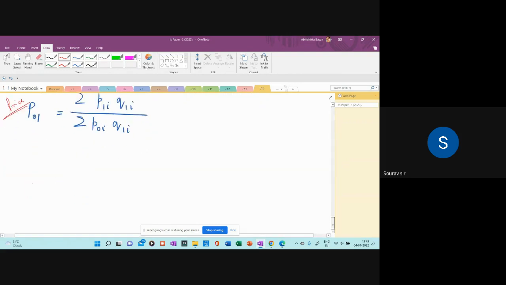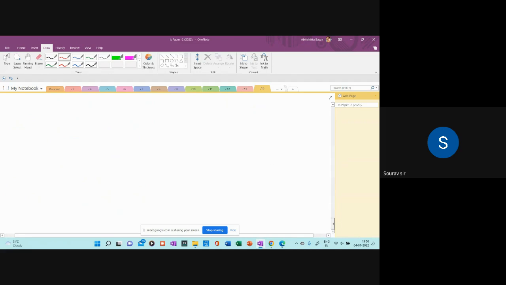So let us write the quantity index. The quantity index formula is given by L naught 1 is equal to summation over Q1I P naught I by summation over Q naught I P naught I. This is last year's quantity index.